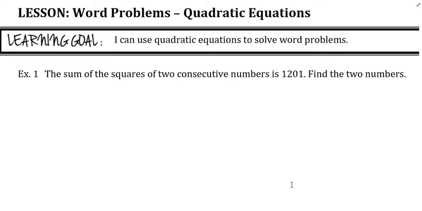Find the two numbers. Remember what I told you back in Unit 1 when we did a whole bunch of word problems and applications? What do we always start a word problem with? Jaden? A let statement. And what do we usually let our variable represent?